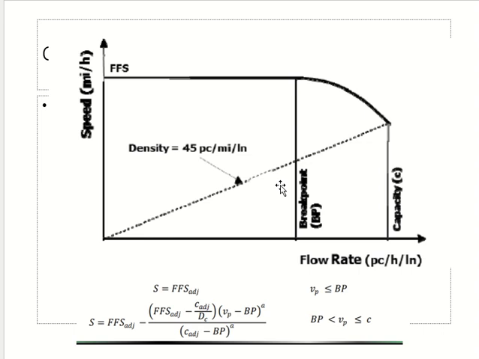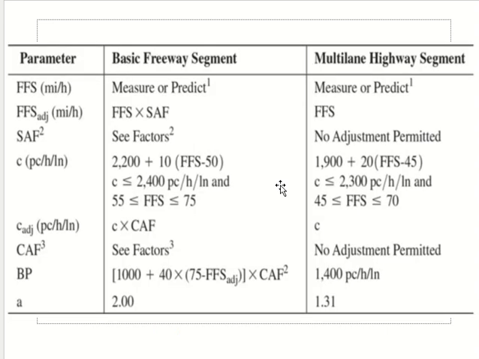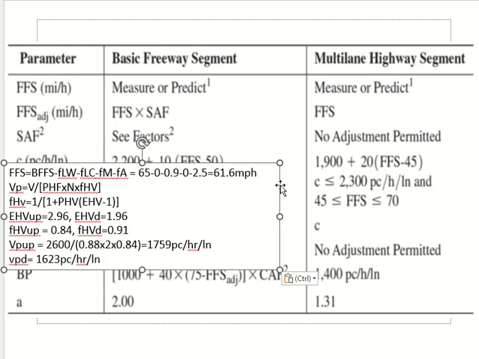And in this equation you can see we are using free flow speed, and we are using capacity. Capacity will be calculated from here. So if my free flow speed is 61.6, what is my capacity? This value.